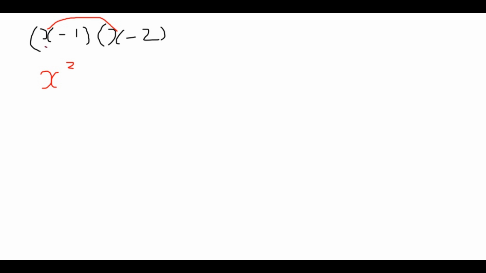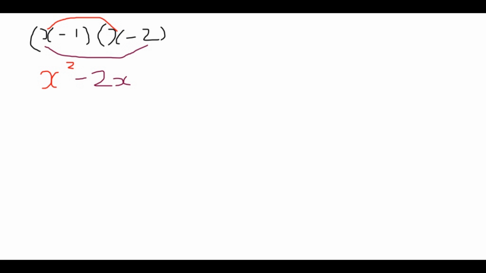Then we'll multiply x by negative 2, and so we'll have negative 2x. Now when you are expanding, you always have to take note of the signs in the number that you are multiplying. Because there is a negative sign here, it won't be positive 2x but rather negative 2x.